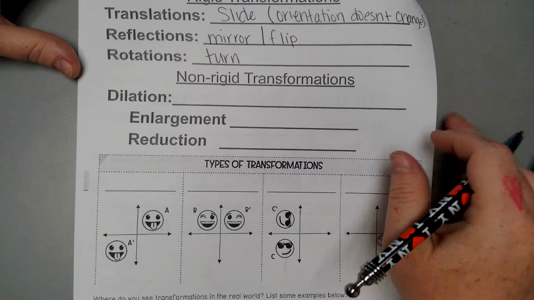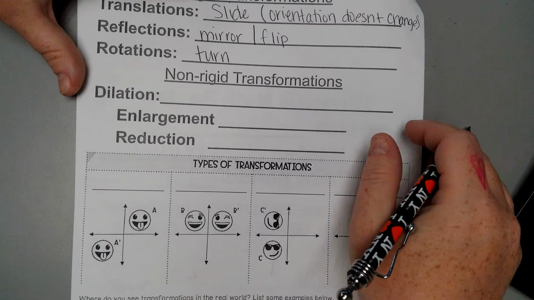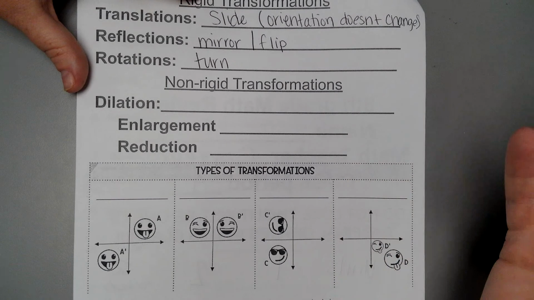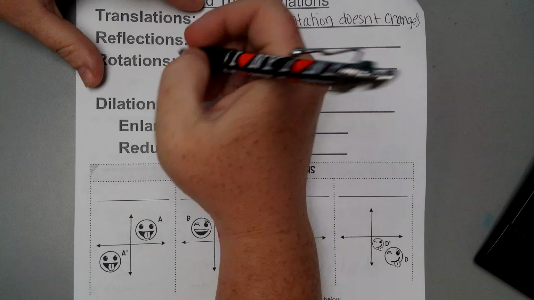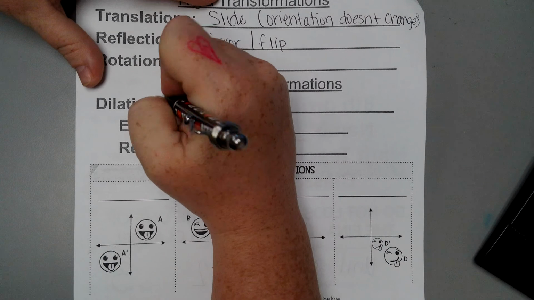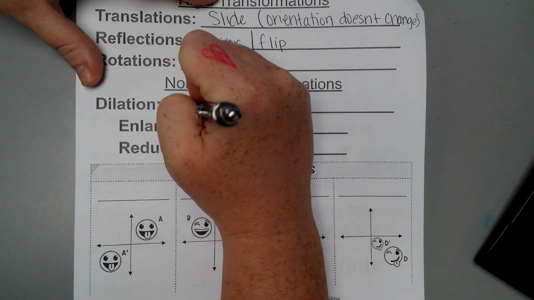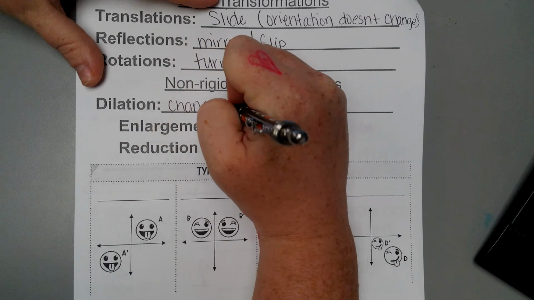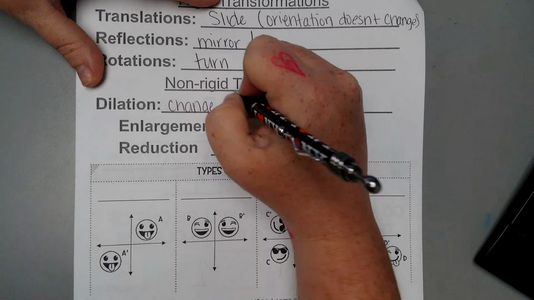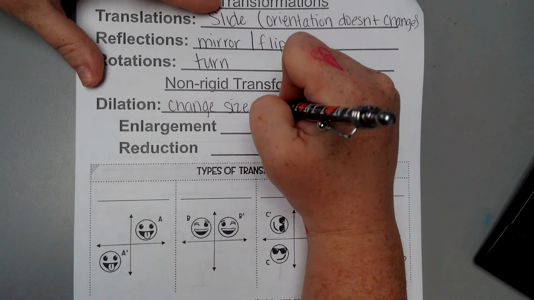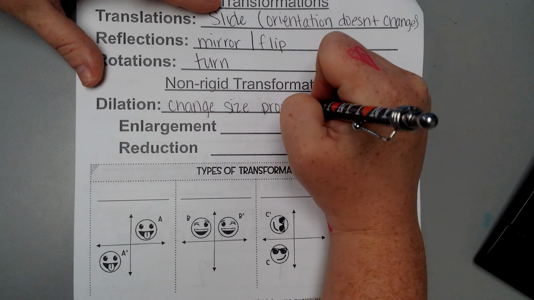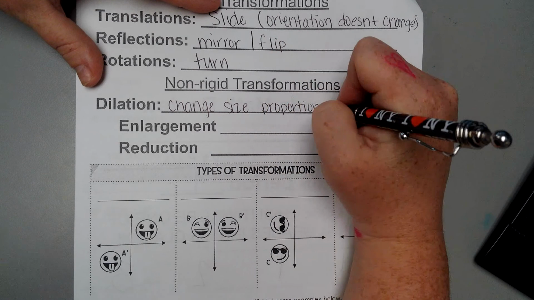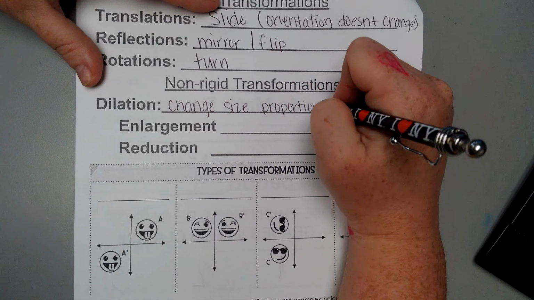A dilation is to increase or decrease an image. So to change size, but not change size proportionately. Proportion.